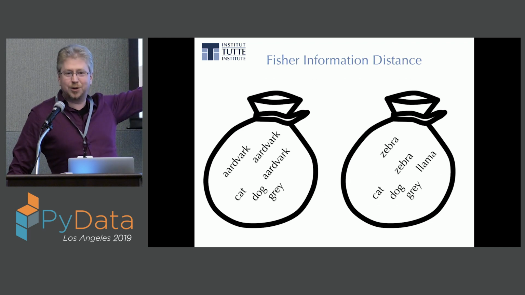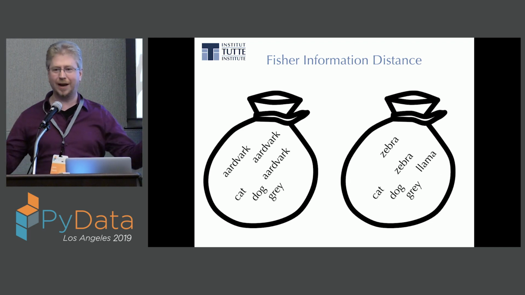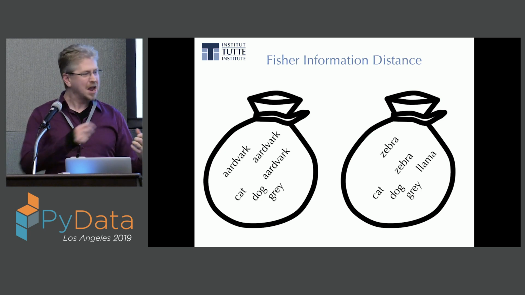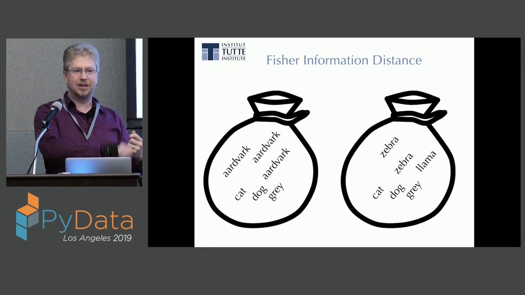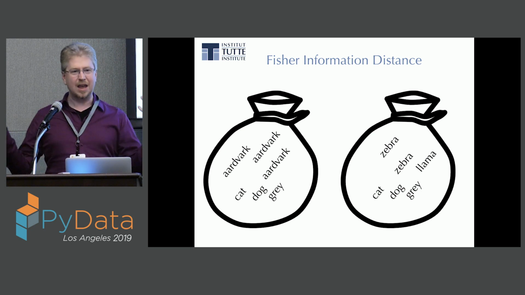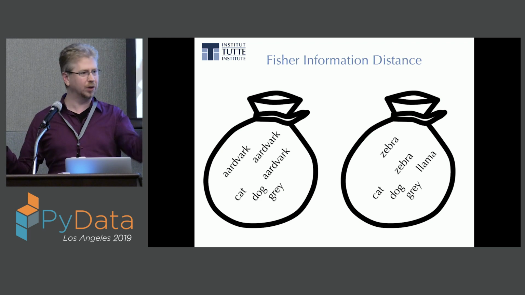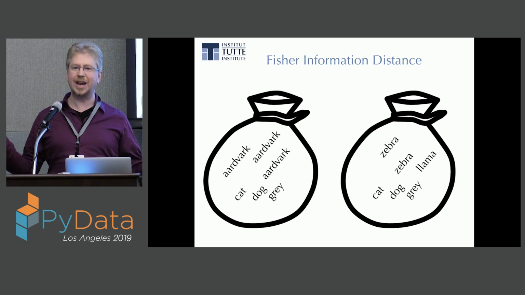The way to describe that in cartoons is I have two bags of animals, and I'm going to reach into each bag and pull out an animal. And I'm going to count the number of times I see each type of animal. If I can't tell the difference between those bags from the animals I'm pulling out, they are the same bag as far as this multinomial is concerned.